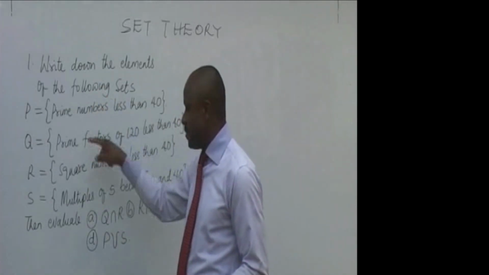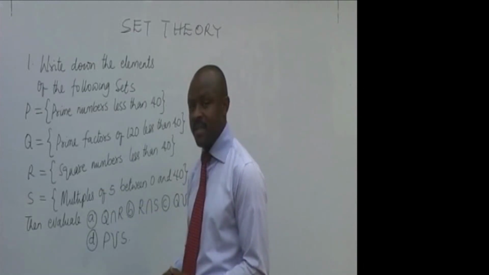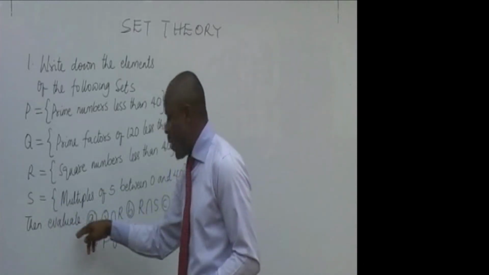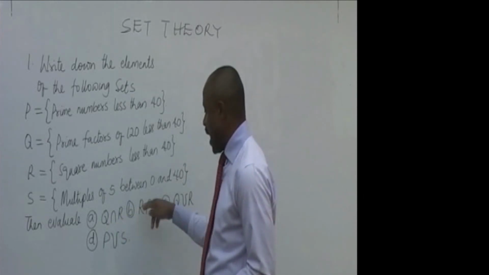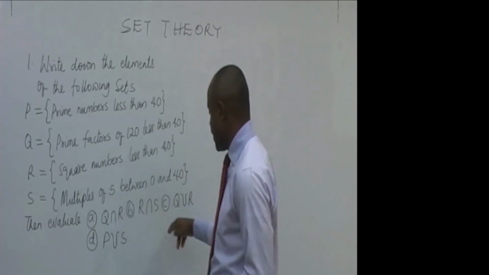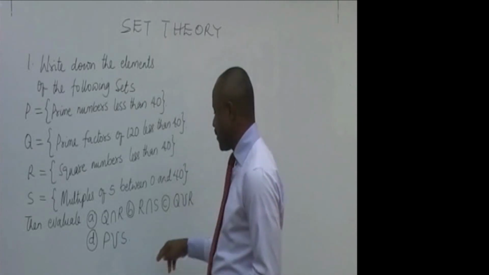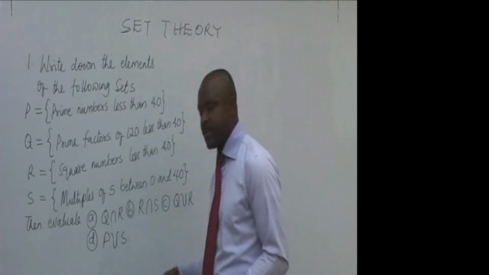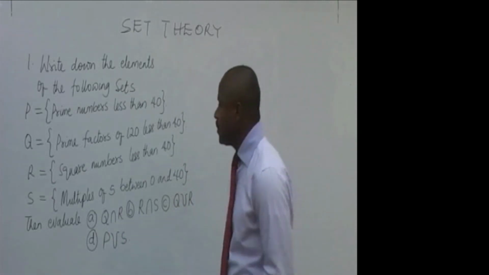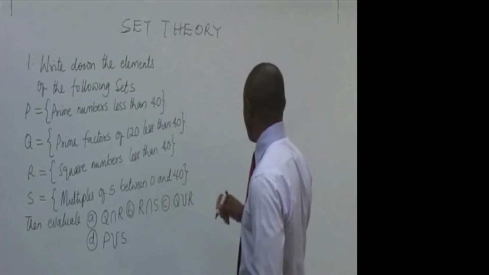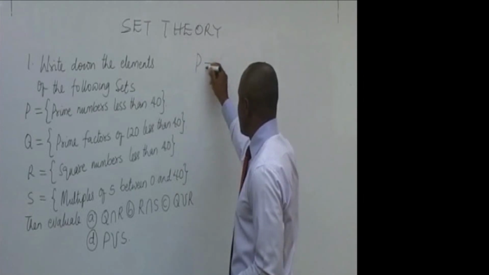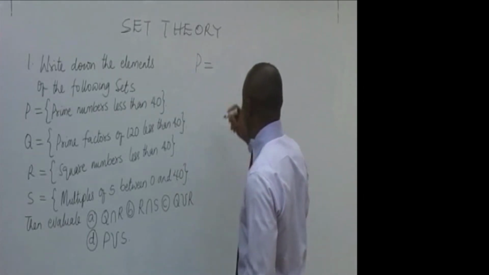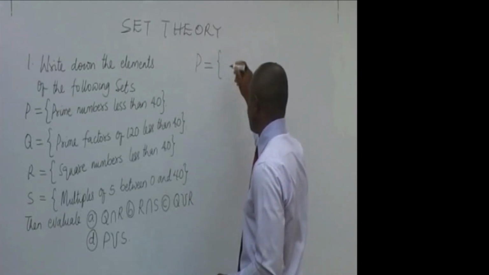After you have listed the members of these sets, then evaluate Q intersection R, R intersection S, Q union R, P union S. So we have to go and name the members of the sets listed.